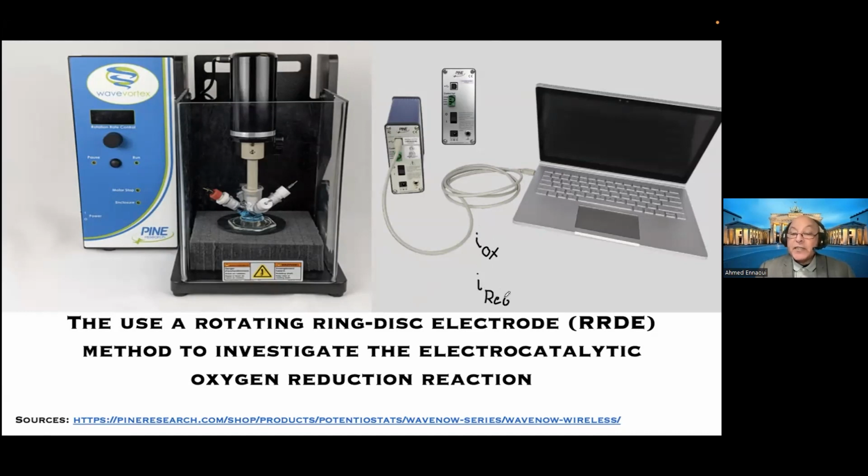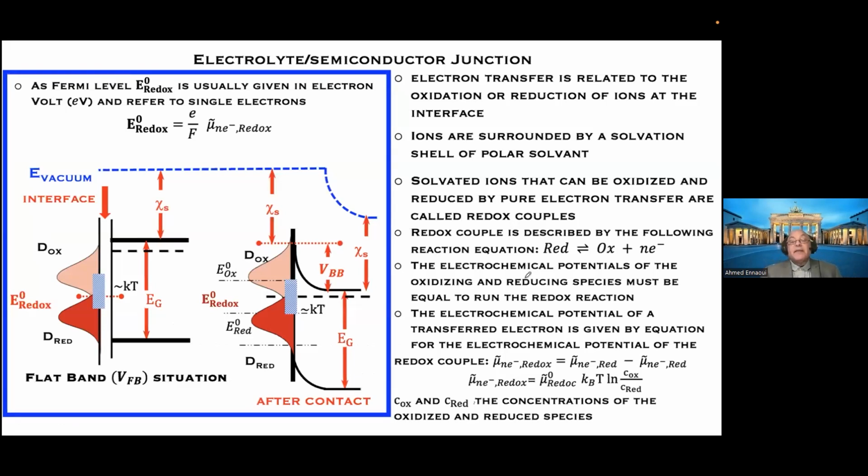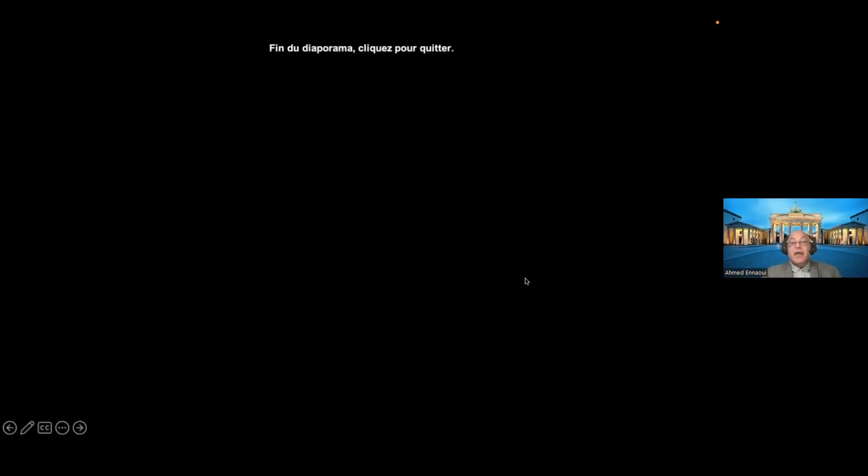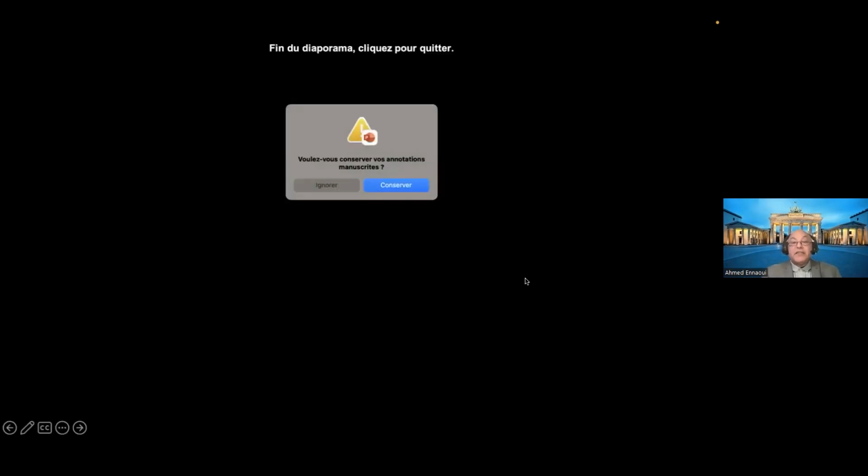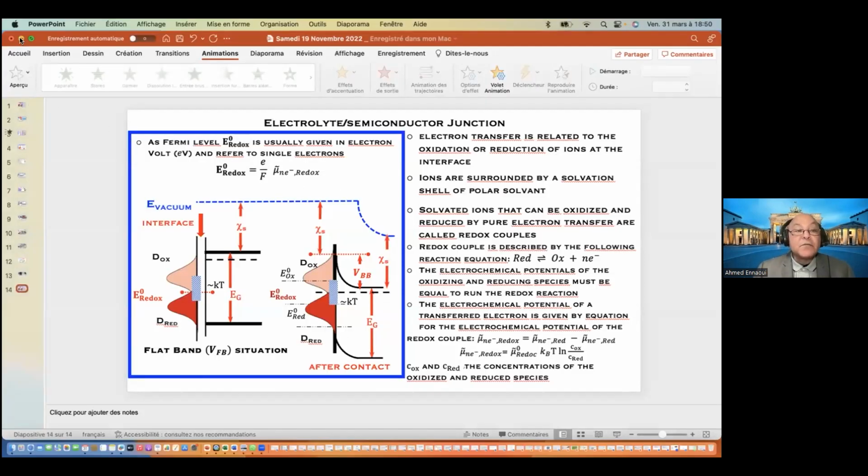You can know, for example, if you oxidize water or you have corrosion, etc. So that's a very important setup. Last time I told you that I want to show you this kind of setup, and I will just stop here and give the floor to the student.